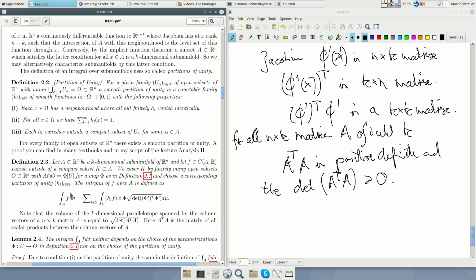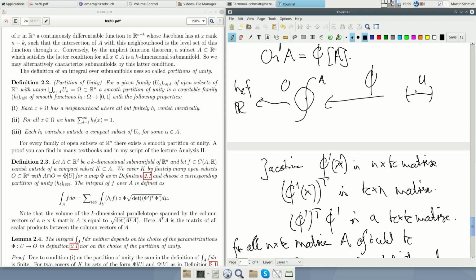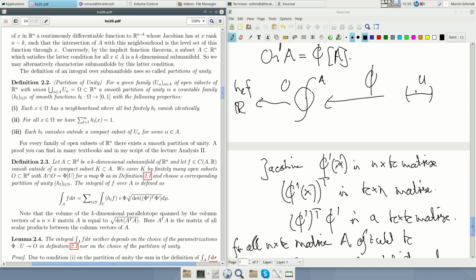And now we take this integral, take the sum. It's now only a finite sum, and this gives us the definition of our integral. Now, let's look here in this example why we need this factor.